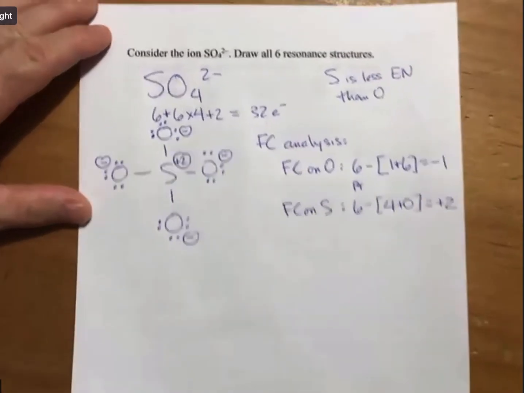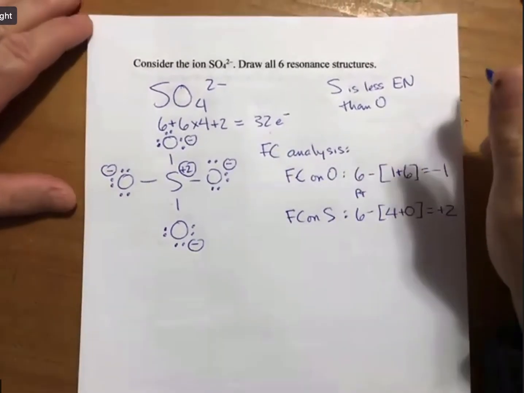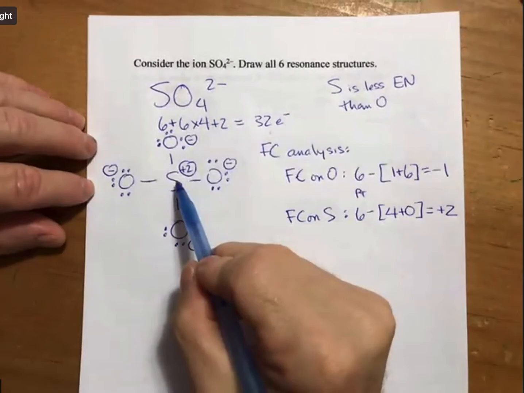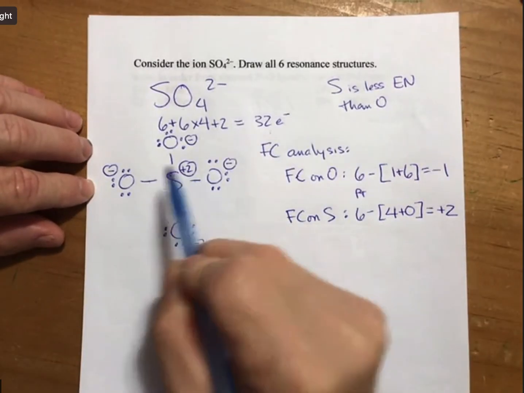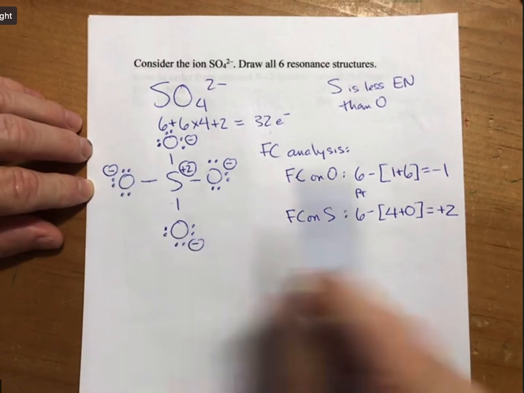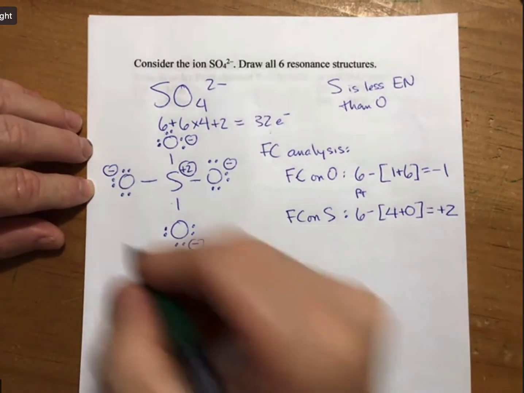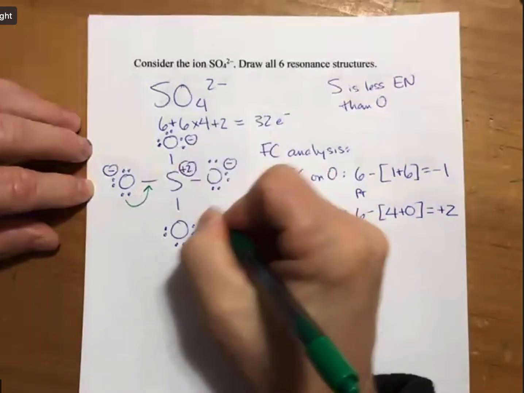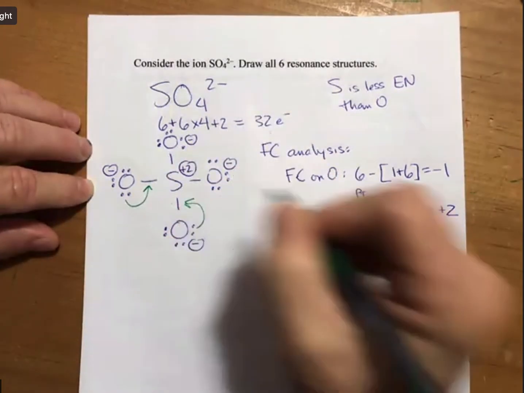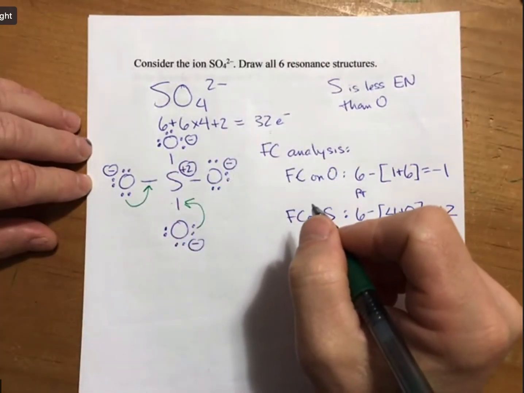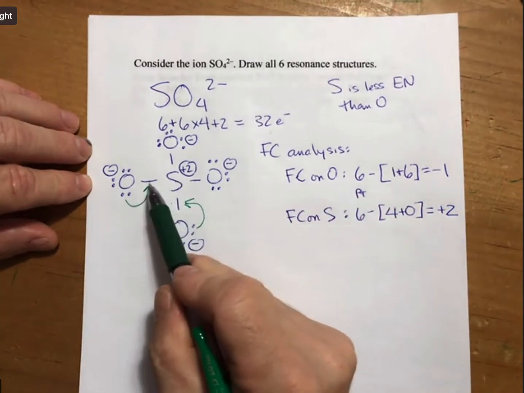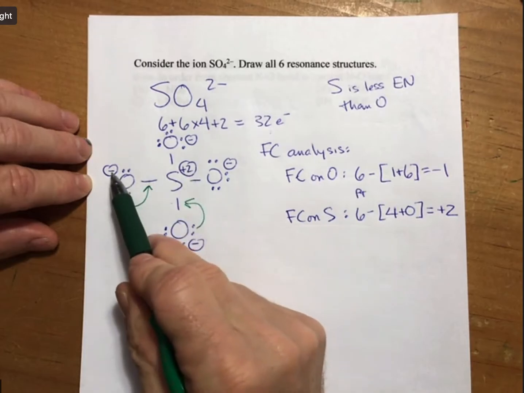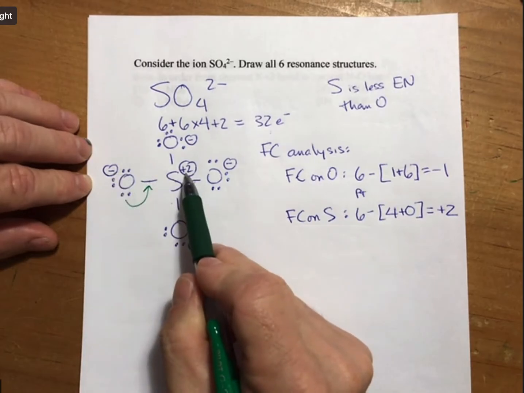Now we say, okay, sulfur has a positive formal charge. Let's minimize the formal charge by forming not 1, but 2 double bonds. You can pick any oxygens here; I just picked those 2. You need 2 double bonds because each double bond will take away 1 minus charge and 1 of the plus charges here.